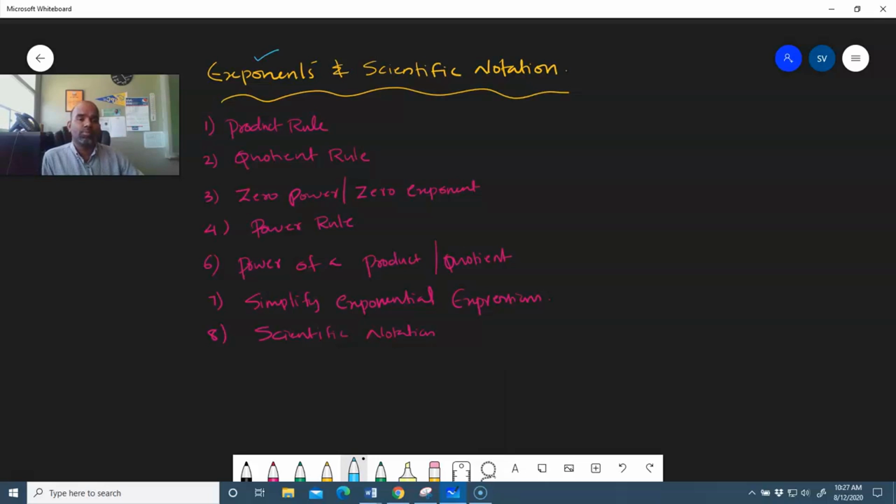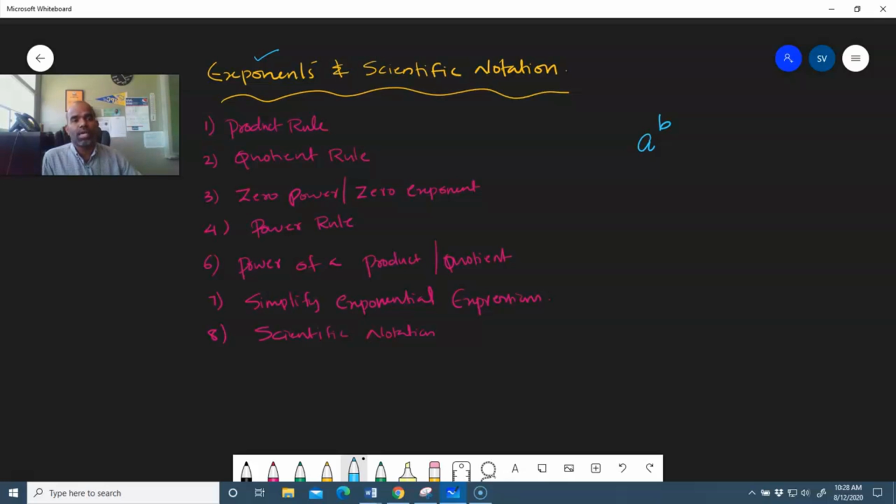Okay, exponent means any number, all numbers we can express in the form of an exponential number. So basically, an exponential number is in the form of a to the power b.